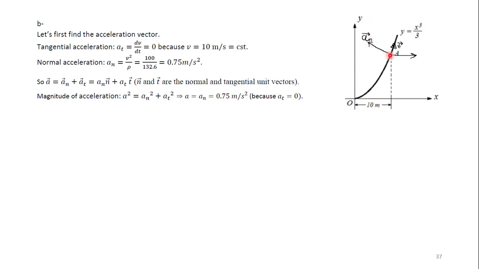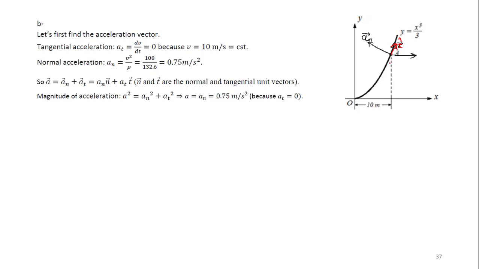At point A, if we draw the tangential unit vector tau, it's a vector tangent to the path at point A, directed towards the motion, so in this direction.